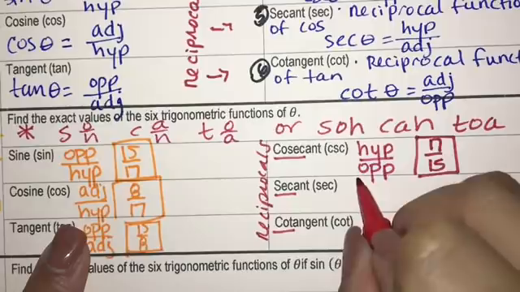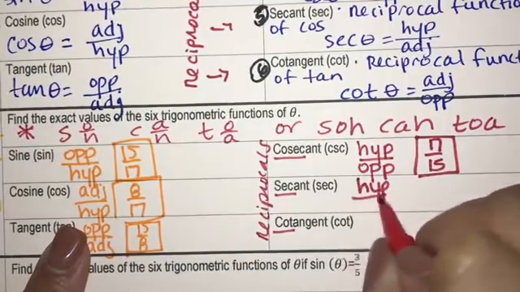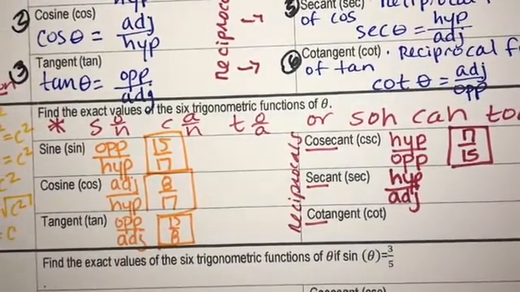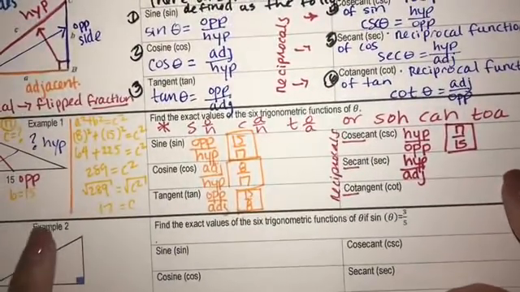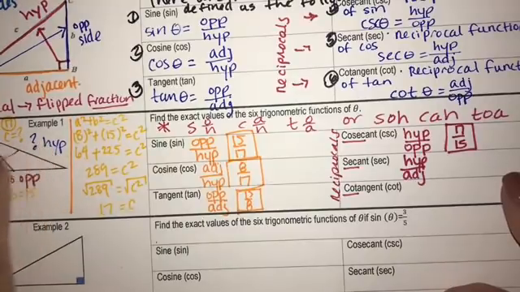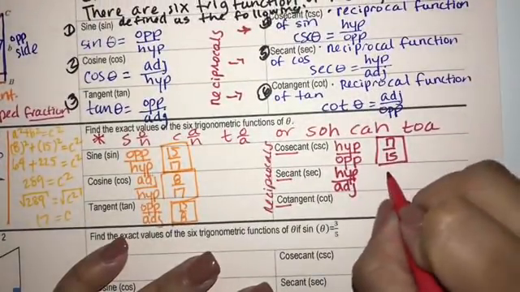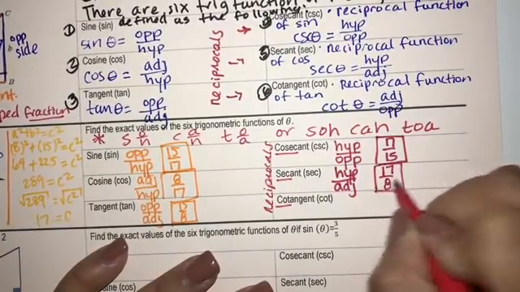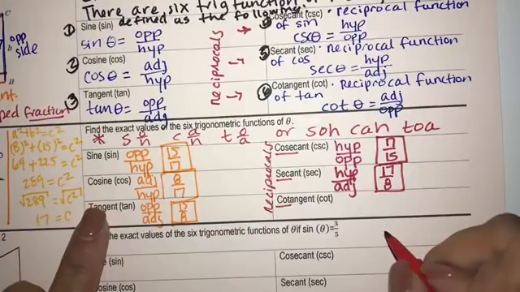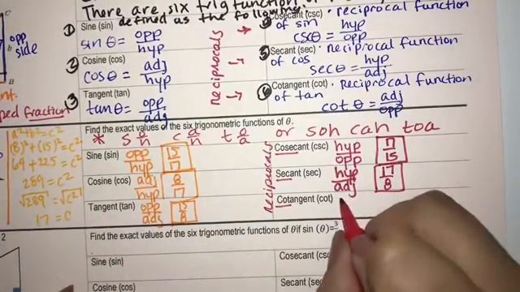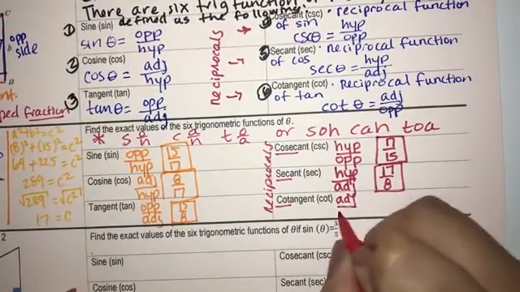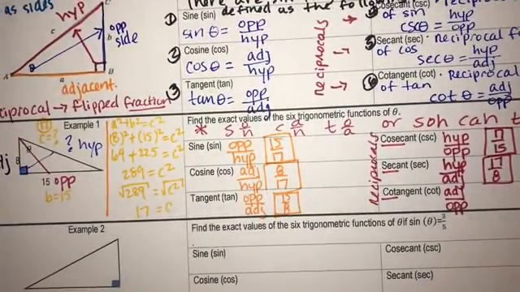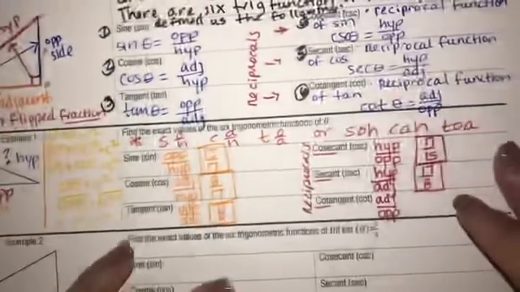Secant is going to be hypotenuse over adjacent, so hypotenuse over adjacent is going to be 17 over 8. And then cotangent is going to be adjacent over opposite, so 8 over 15.